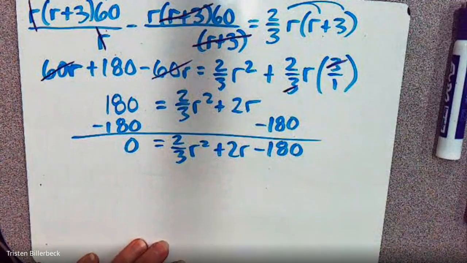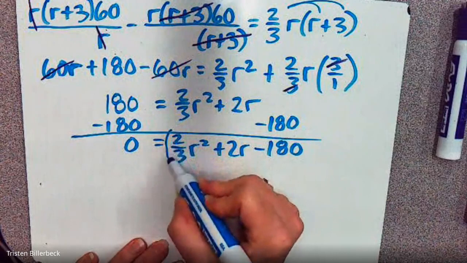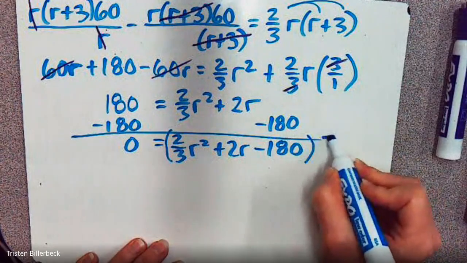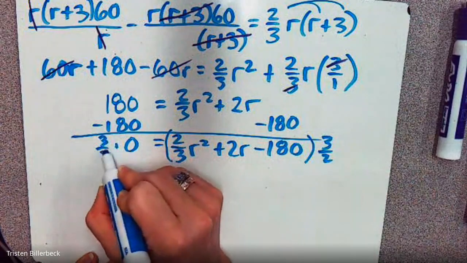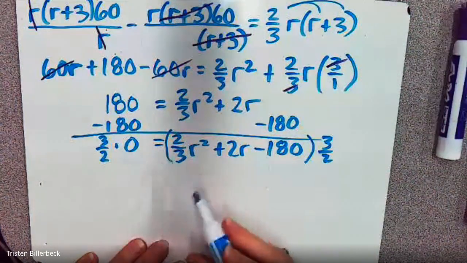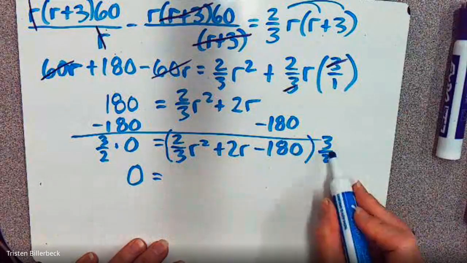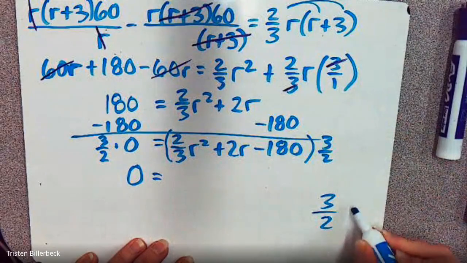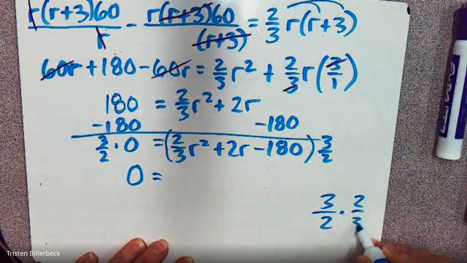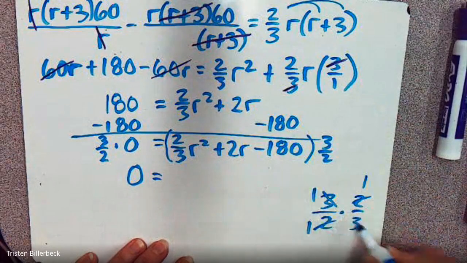I am not going to deal with a fraction here, so I am going to multiply by the reciprocal, 3/2 and 3/2. But we know 3/2 times 0 is just 0. But 3/2 times 2/3 just has a massive cancellation war going on.